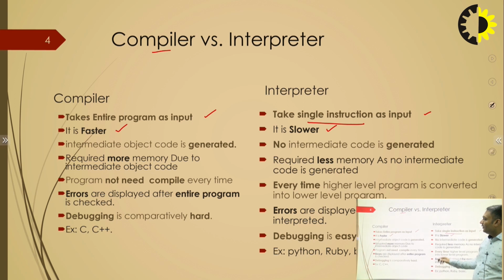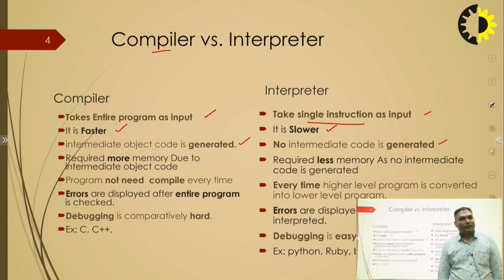Here intermediate code is generated. Here no intermediate code is generated in case of interpreter. Program requires more memory due to the intermediate code object because intermediate code is generated here, but the interpreter requires less memory as there is no intermediate code.